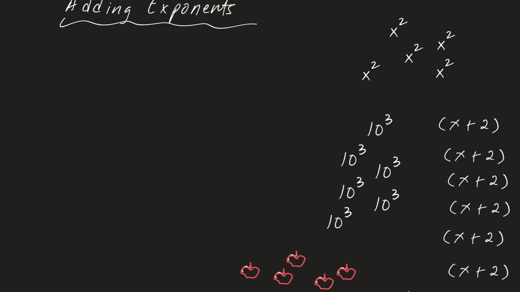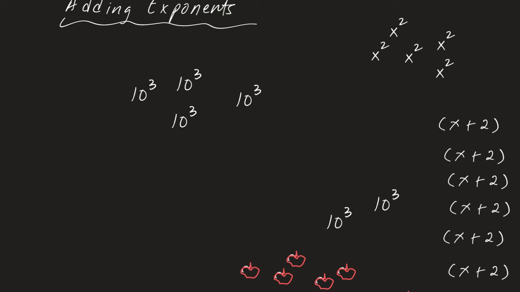And if we look at 10 to the third, the same idea applies. How many 10 to the thirds do we have right here? We have 1, 2, 3, 4. 4 of those. So we say 4 times 10 to the third, like that. That's how we describe that.